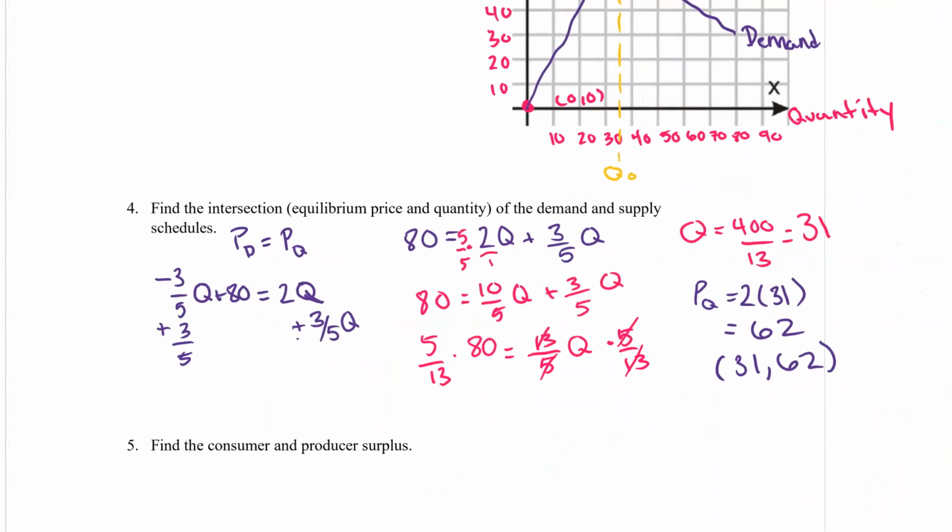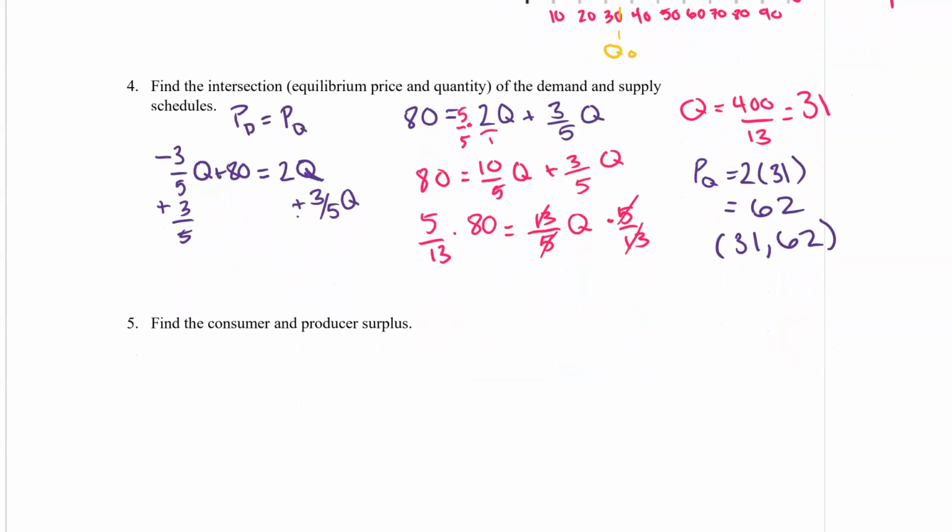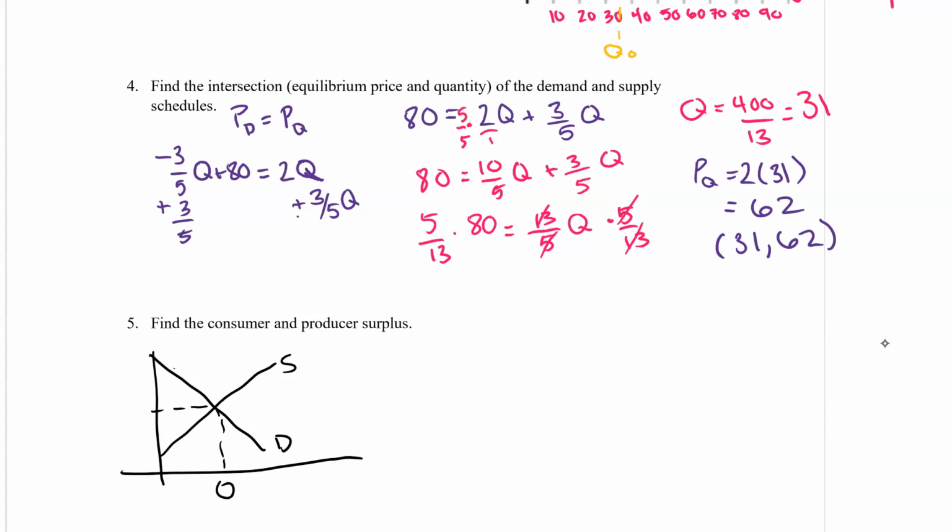All right, producer surplus and consumer surplus. I'm going to sketch a graph, and then I'll just do the math up top where we can see the earlier part. So we're going to have our demand curve and our supply schedule, and the equilibrium price and quantity.